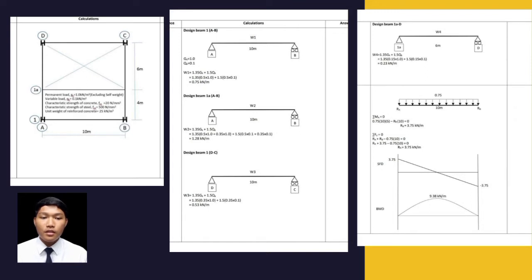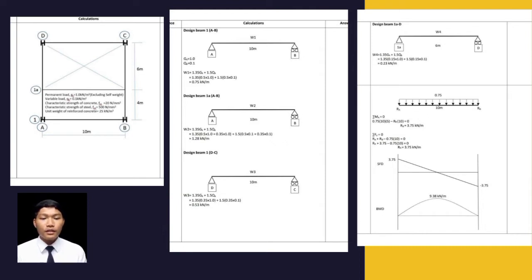As you can see in the figure above, the permanent load GK is 1.0 kN/m² excluding self weight. The variable load QK equals 0.1 kN/m².